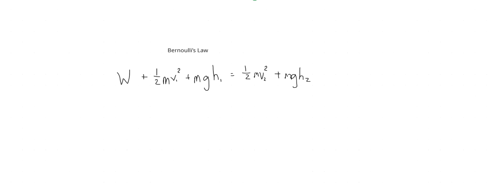And so the way this is going to look in a fluid problem is you might see a problem that looks something along the lines of this. And the idea is we have a few things here. We might have a wider pipe getting restricted to a smaller pipe.